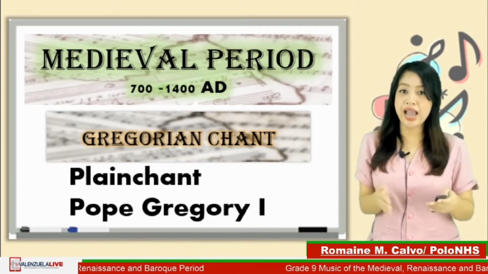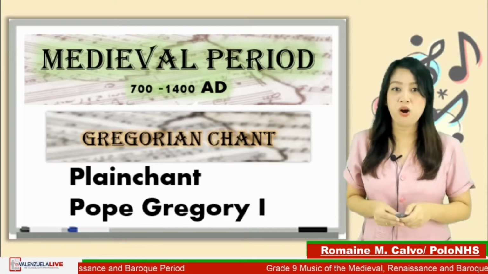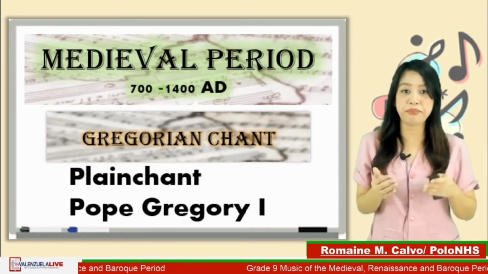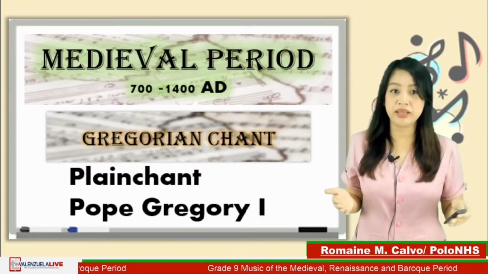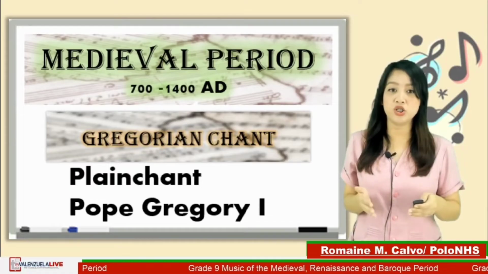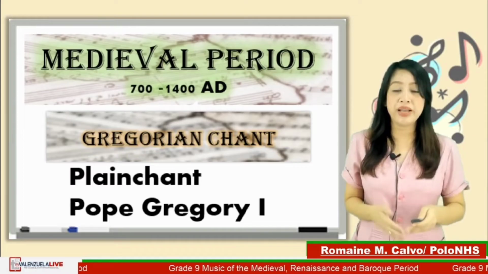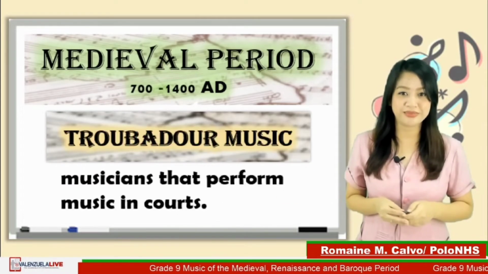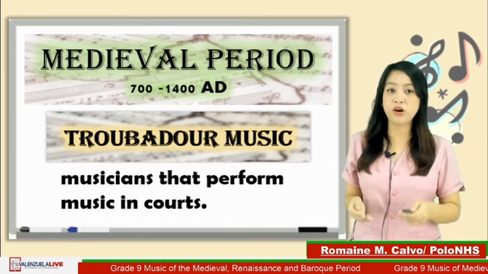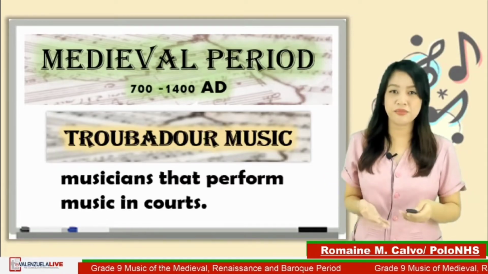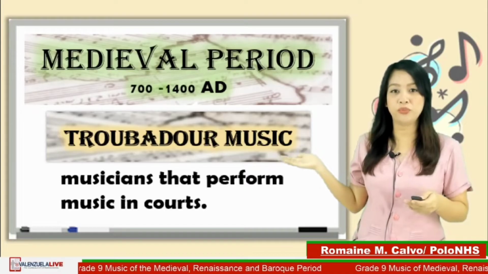And during the High Middle Ages, or 1100 to 1350, kings and nobles wanted entertainment that led to the composition of poetry by the troubadours. These are the group of musicians that perform music in courts, and it is called troubadour music.